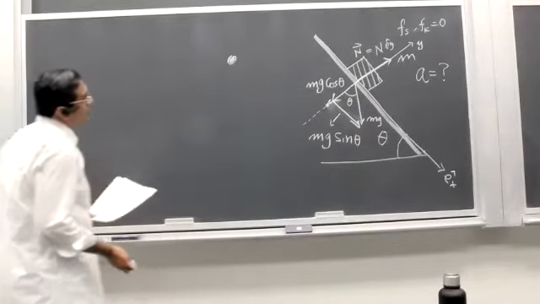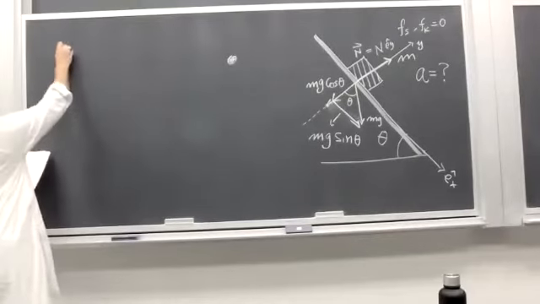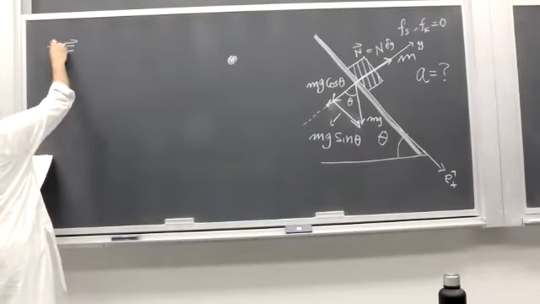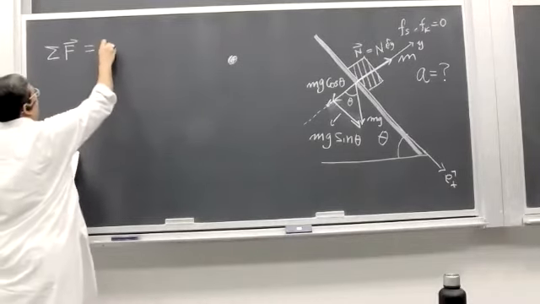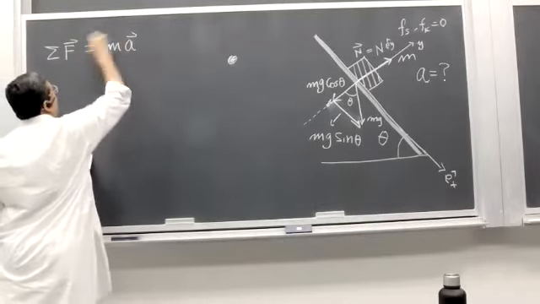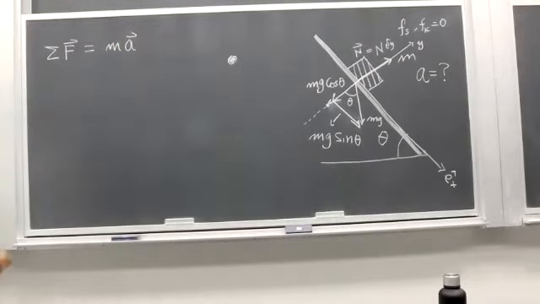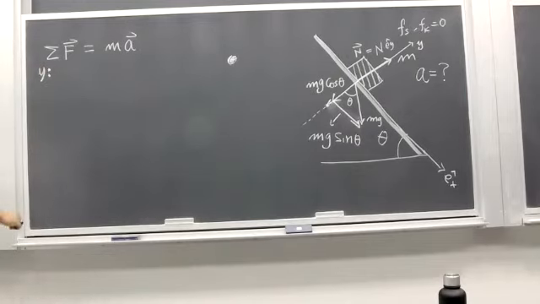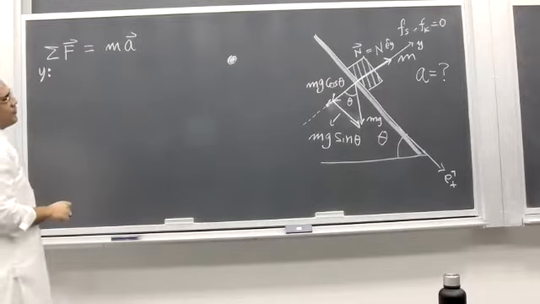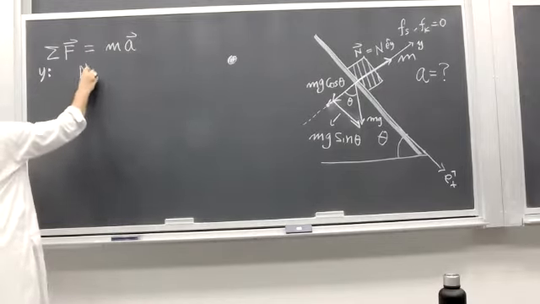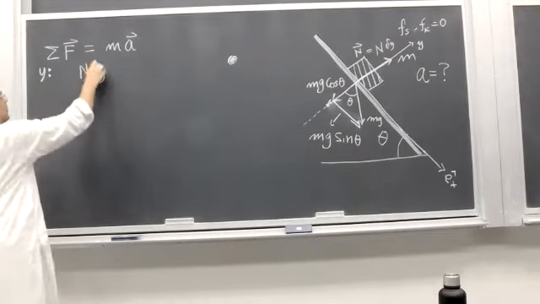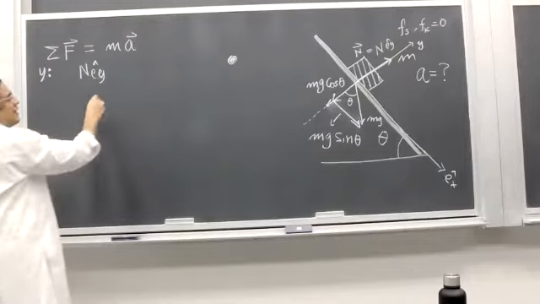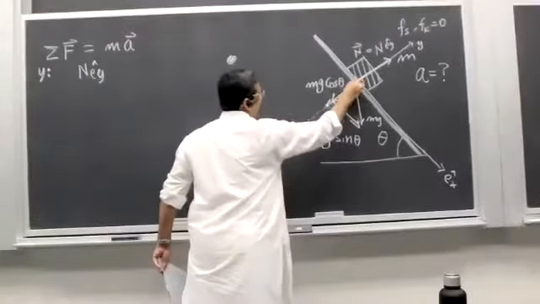And now we try to write a vector equation. The sum of all forces equals mass times acceleration. But it's best to just decompose this vector equation into its components and work with components. So now let's first start with the y component. Okay. There is normal force in the positive y direction, and then there is the weight, this component of weight here.